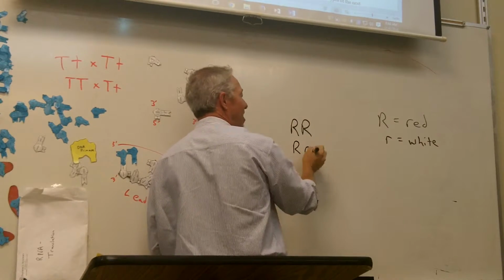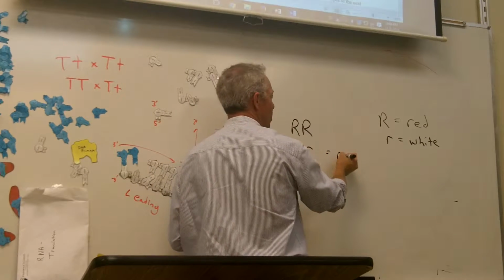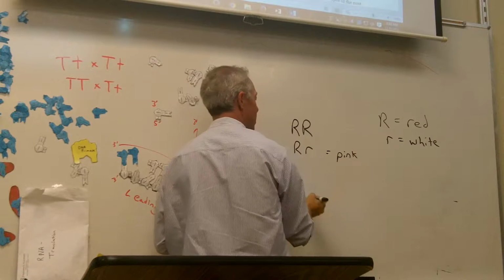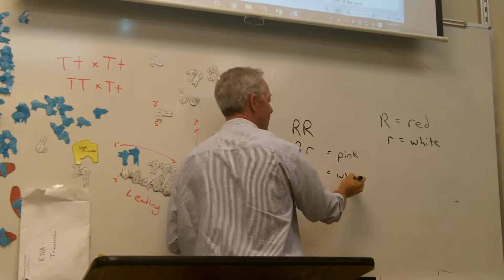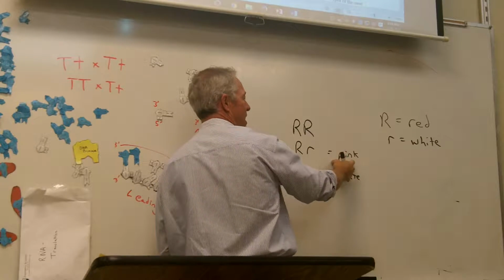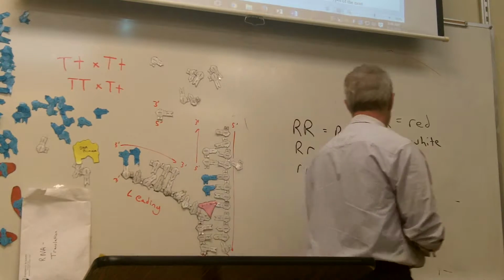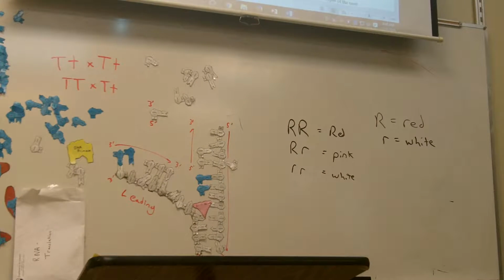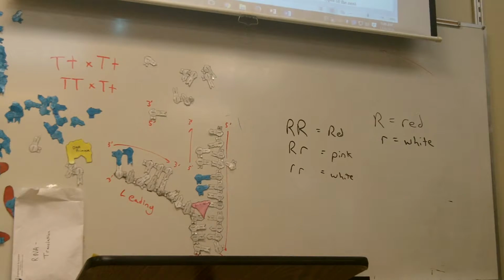If you're big R, little r, you're pink. That's what incomplete dominance is. If you're little r, you're white. Incomplete dominance is when the heterozygote is pink, or has part of each gene in it.